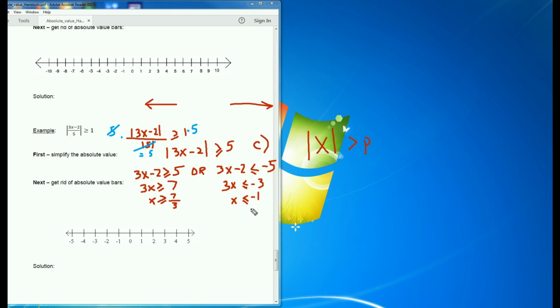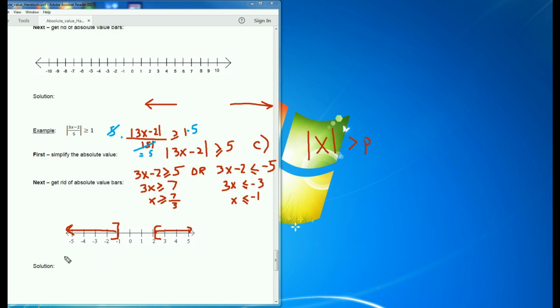So here is negative 1 with a hard bracket and everything down here, and greater than or equal to 7/3. 7/3 is 2 and 1/3, so that's like here, and everything up here.